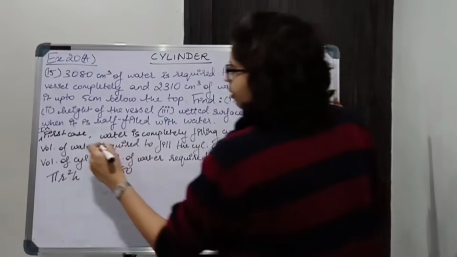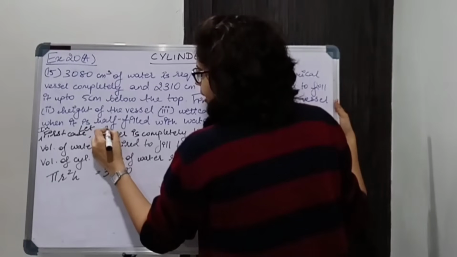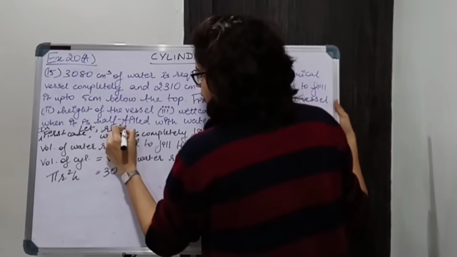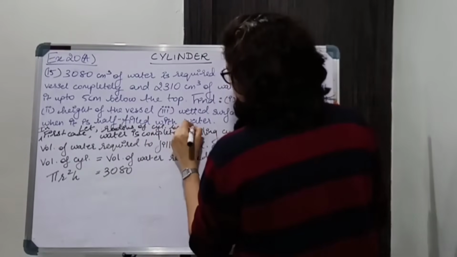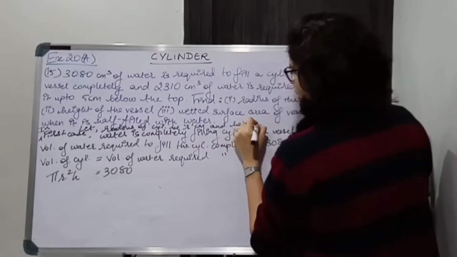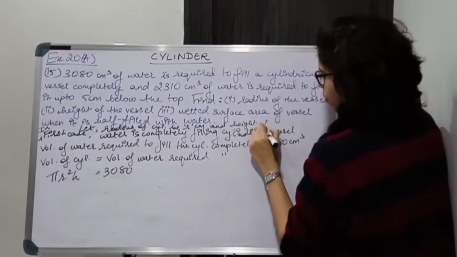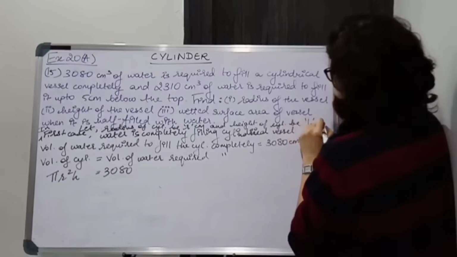So we'll write down in the beginning, let radius of cylinder be r centimeter and height of cylinder be h centimeter.